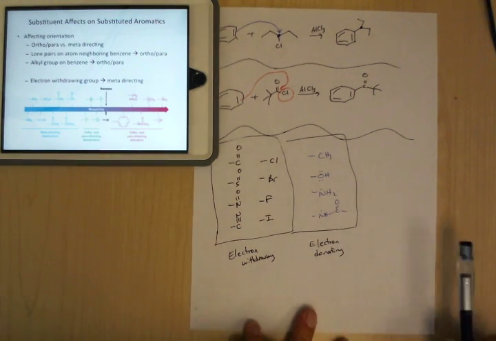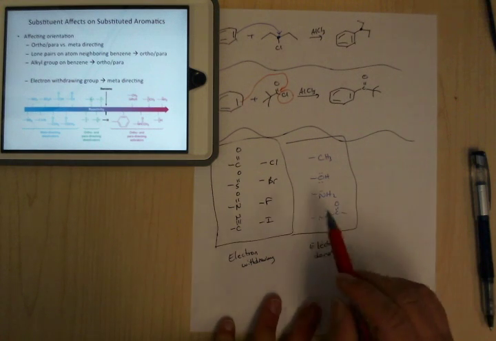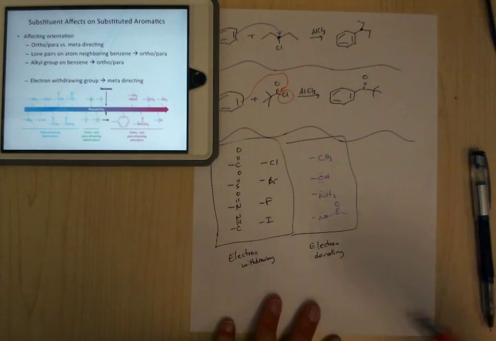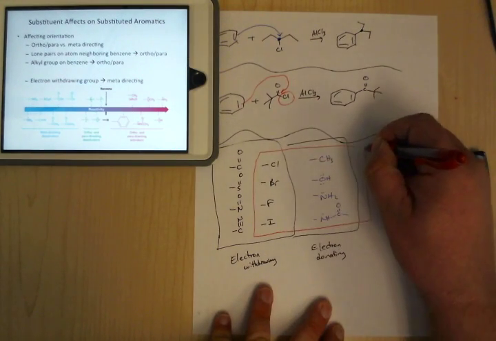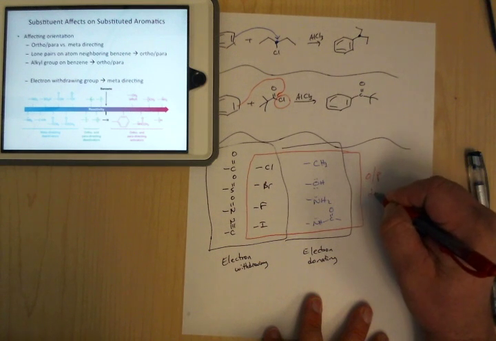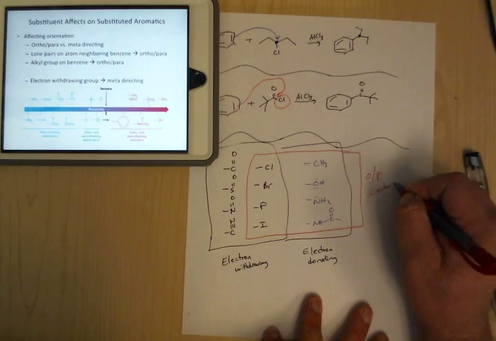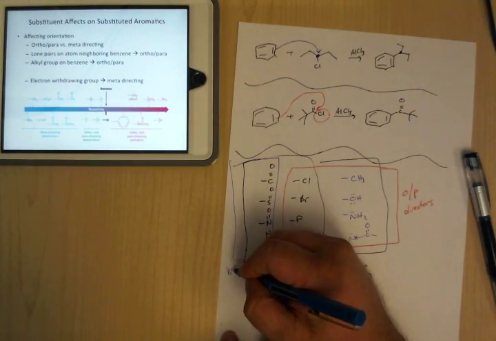Now, here's the quirky thing. These groups will tell you, if you want to add another group onto it, where it wants to go. It turns out these guys are ortho-para directors, while these guys are meta directors.